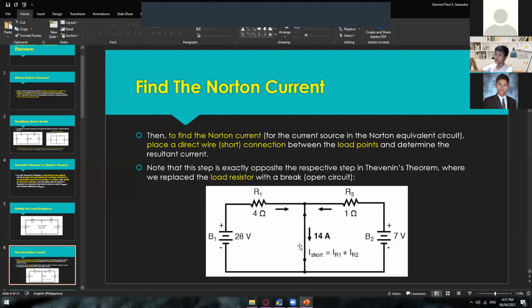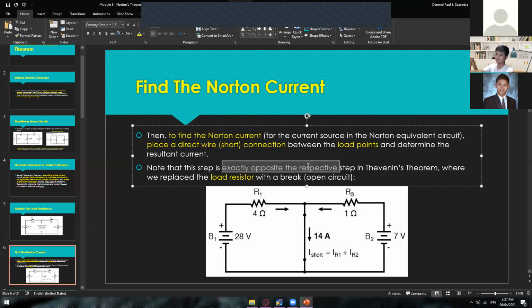And then close that one. Once you have removed the load resistor, you have to short the connection, wherein in Thevenin's theorem, it is the exact opposite. In Thevenin's theorem, you have to leave that one open. But in Norton's theorem, you have to short circuit this one for you to be able to find the current.